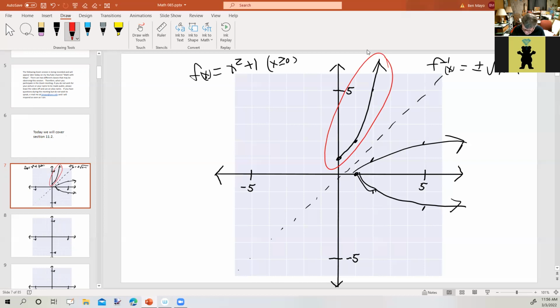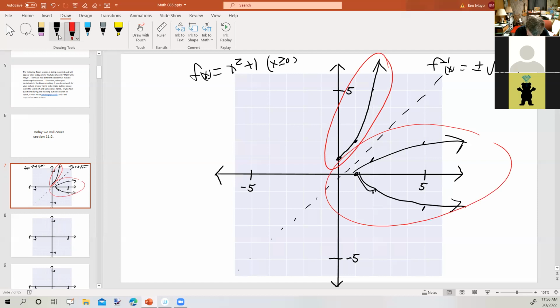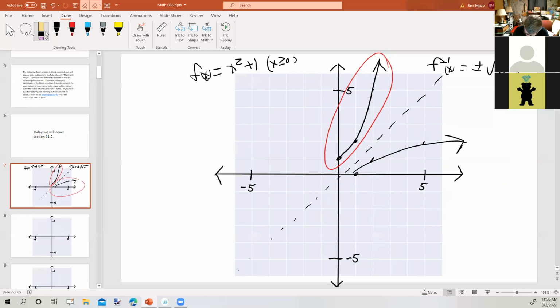So what would we have to get rid of here? The negatives? Yeah, we'd have to get rid of this piece down here. So keep this in mind.